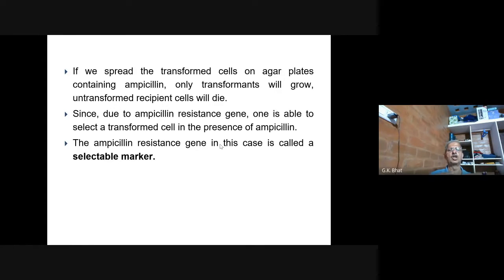Tomorrow you can take any gene of interest and ligate it into the ampicillin resistance gene area. That area is marked by what? In which part of pBR322 do you have the ampicillin resistance gene?